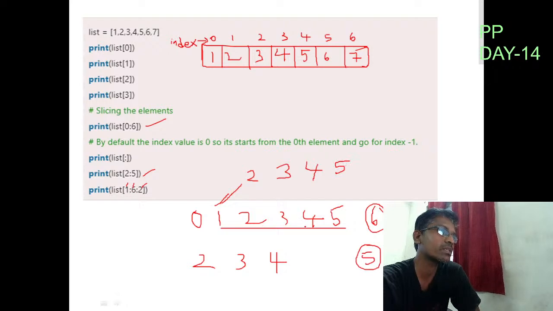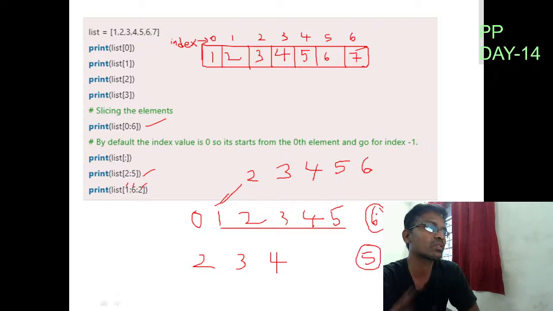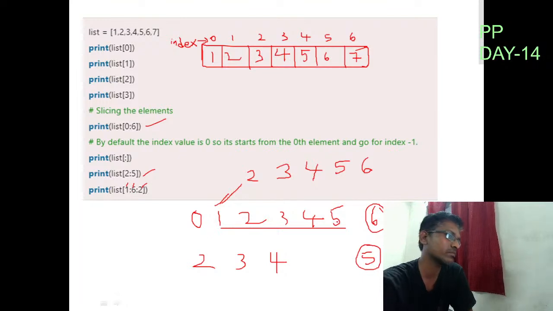So at index number 5 it is 6, and 6 will be excluded. So in this example 1 is included and 6 is excluded, so you have to take only from 1 to 5. These are the values 2, 3, 4, 5, 6.